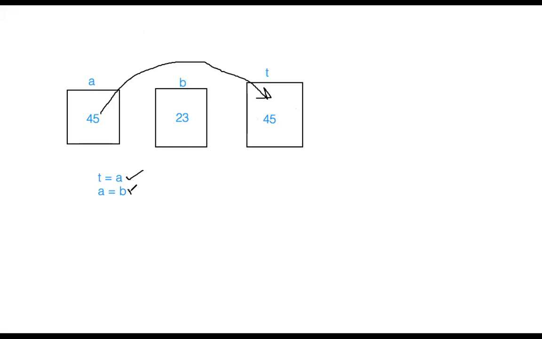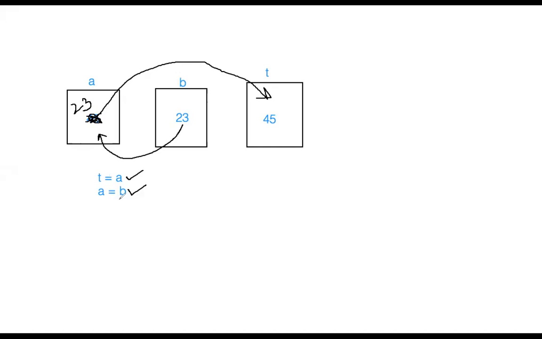Now I'm executing the second statement, a is equal to b. When I do a is equal to b, the content of b gets copied into a. So this 45 gets overwritten by 23. Now a has the new data, 23, and the 45 is overwritten. It is not there now. A contains 23 only.